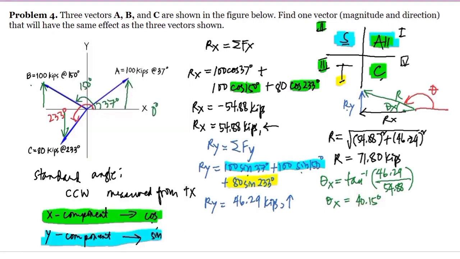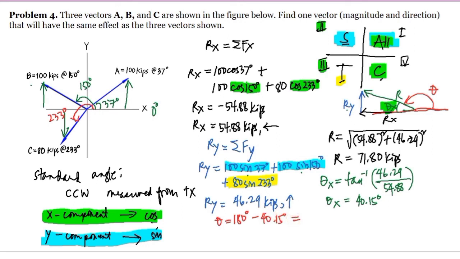So solving for the theta, since this is a straight line, this is 180 degrees. So we have 180 degrees minus this theta x here will give the value of our theta. So minus theta x, that's 40.15 degrees.